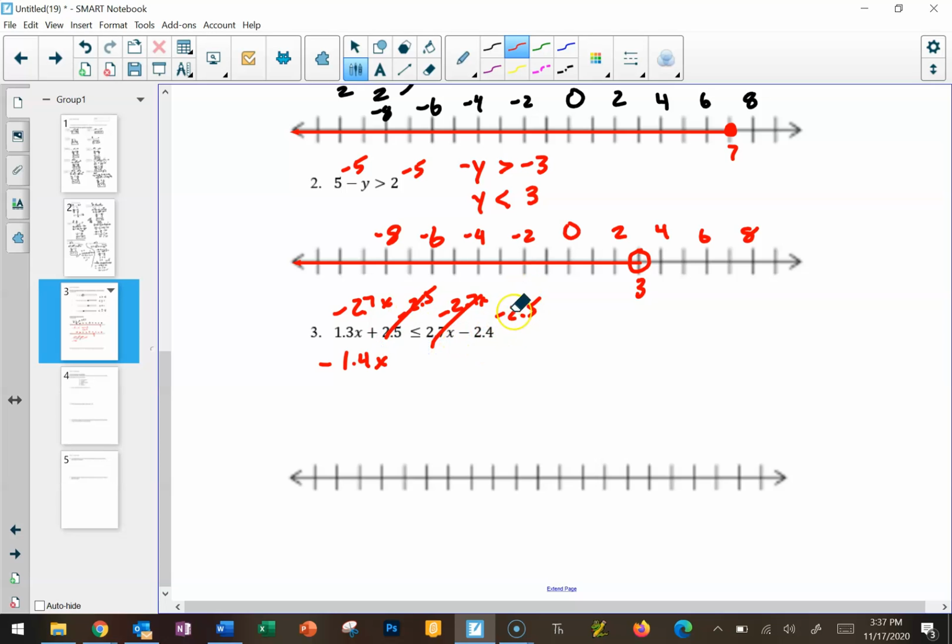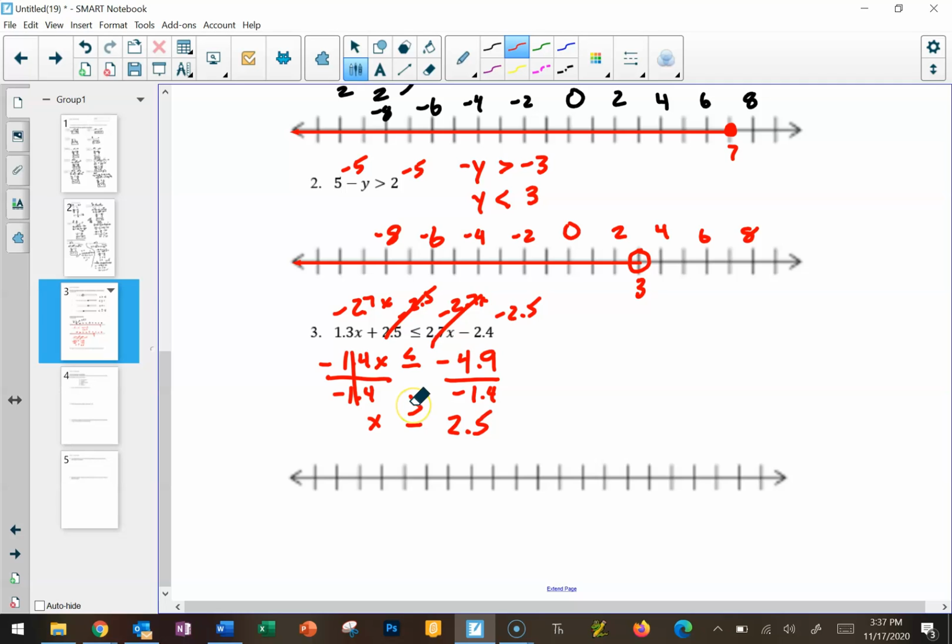Negative 2.4, and then going further, negative 2.5 is going to leave us with a negative 4.9. And then in order to get our x alone, we have to divide by negative 1.4 on both sides. And because we're dividing by a negative, we've got to flip our sign. And what we're left with is x. I think that's 2.5. I'm just going to trust my answer key, and hopefully that is a positive 2.5.